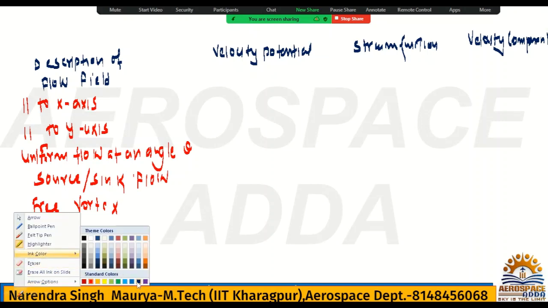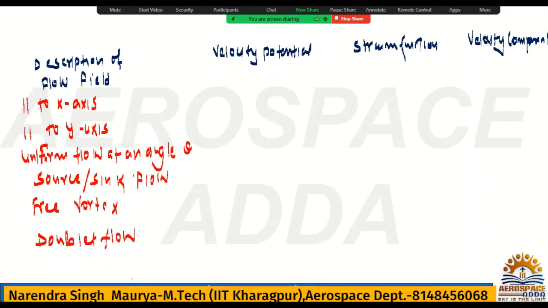What is the velocity potential when parallel to x-axis? If it is parallel to x-axis, velocity potential phi is equal to Ux.